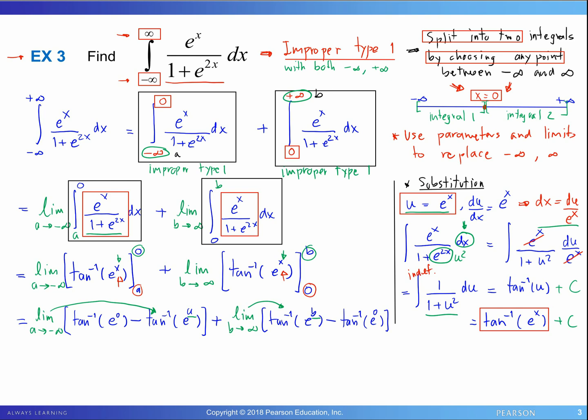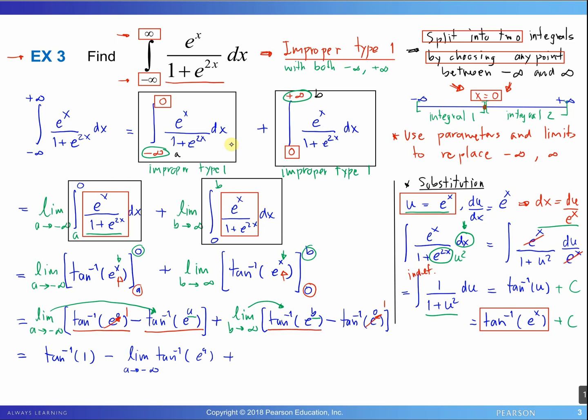Now e to the power of 0 is equal to 1. Same thing here, equal to 1. And now we have the first term, this one, arctan of 1 minus the second term with the limit. So we have the limit of arctan e to the power of a when a goes to negative infinity, plus the next term, this one, with the limit.